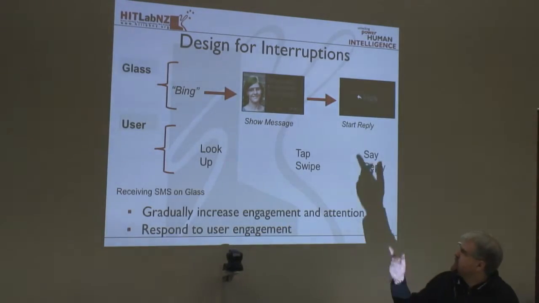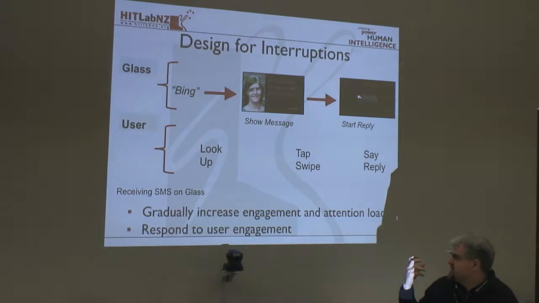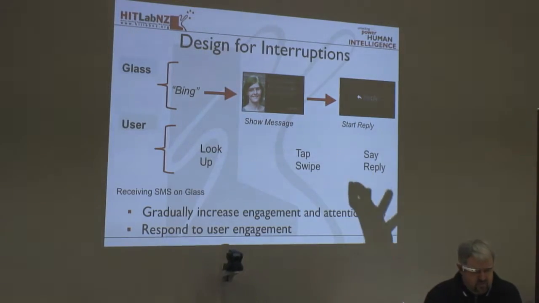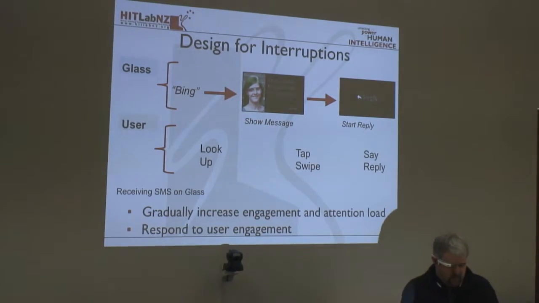So for example, when I'm wearing Glass, the system may not know what I'm doing in the real world. It doesn't know whether I'm riding my bike, or sitting down, or walking, or whatever else. So when it starts trying to interrupt me to provide some information, it has to provide the least amount of interruption possible and the least amount of cognitive load.